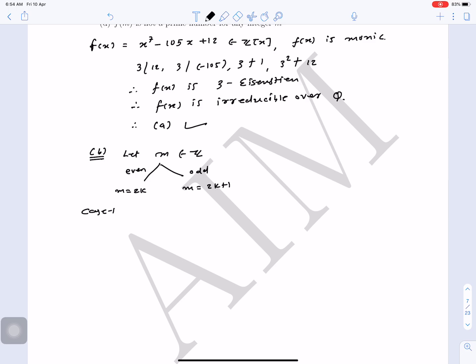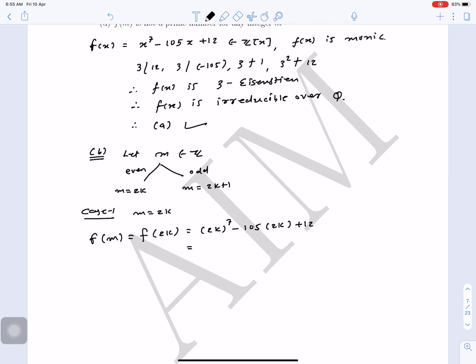So case 1, m is equal to 2k, then f of m is equal to f of 2k, and f(x) is x raised to 7 minus 105x plus 12. So it is (2k) raised to 7 minus 105 times 2k plus 12. So now k may be odd or even, but 2k is always even.